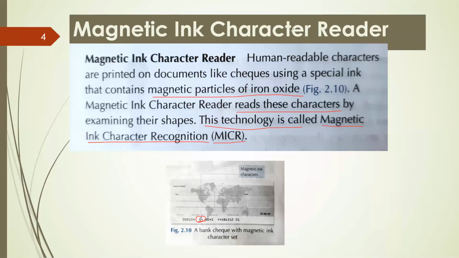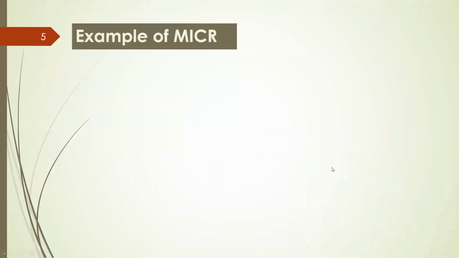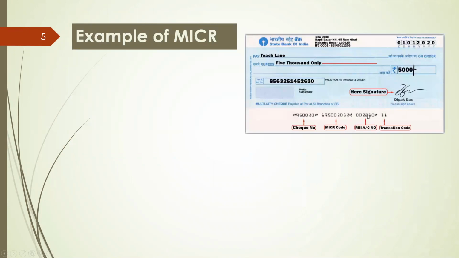Okay students, let us see some examples of MICR. This is a checkbook. Here you can see this is the checkbook number and this is the MICR code. This MICR code will be read by the magnetic ink character recognition machine.